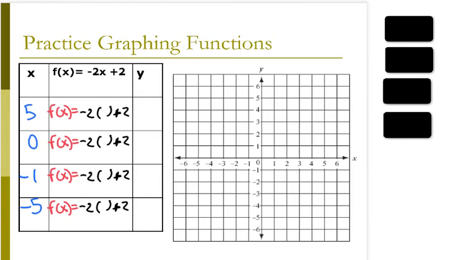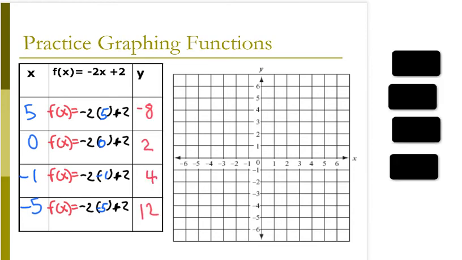When we evaluate those functions, those equations, this is what we would end up with. So now we just need to graph these. I'm not going to write them as ordered pairs. Hopefully we see from the previous example how to do that. But we should know that this is our first ordered pair. This is our second ordered pair. That's our third, and that's our fourth.